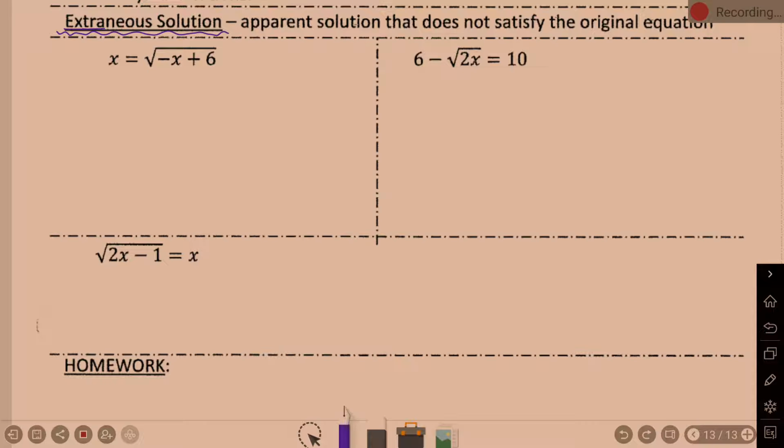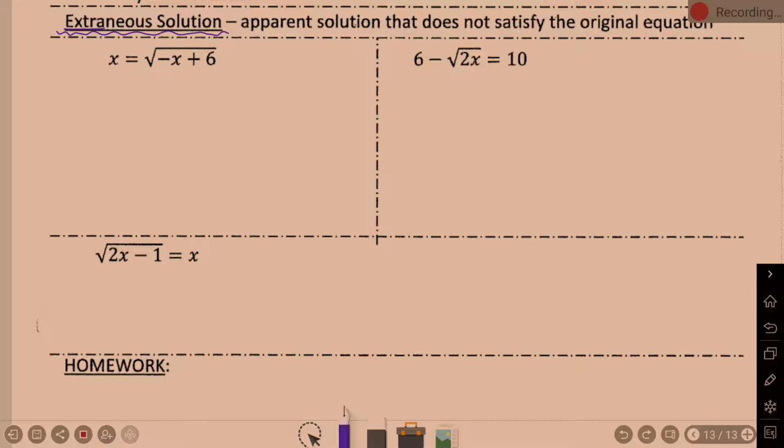Now, rules are still the same though. On this first example, there's one radical. What do I do? What did we do yesterday at the top of the page? If there was one radical, we had to isolate the radical, and then we'd square both sides.